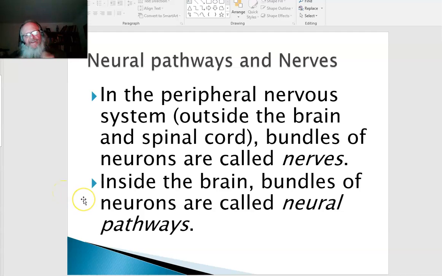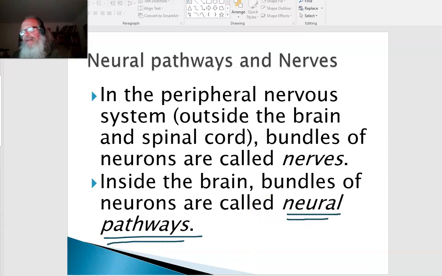So nerves are bundles of neurons that tend to turn on and off together, and we tend to think of those bundles as nerves outside of the brain. But inside the brain, and they don't tend to be wrapped together by fascia, we still have bundles of neurons that work together, that turn on and off together.